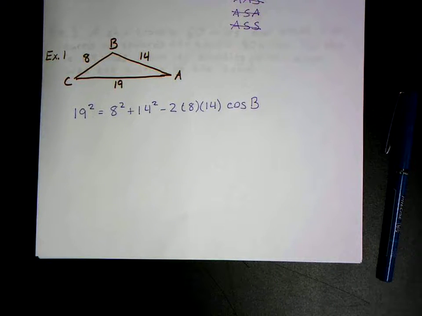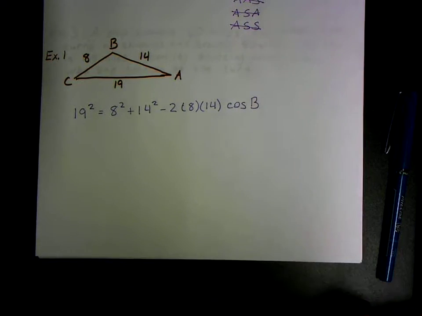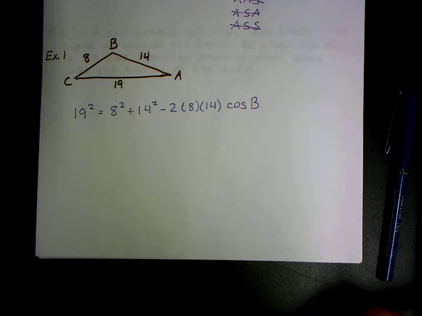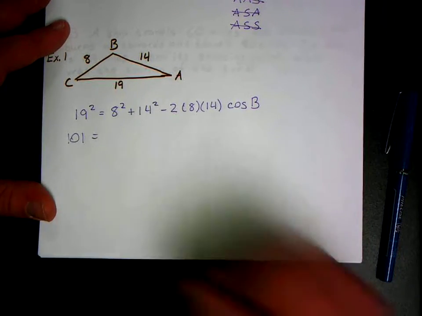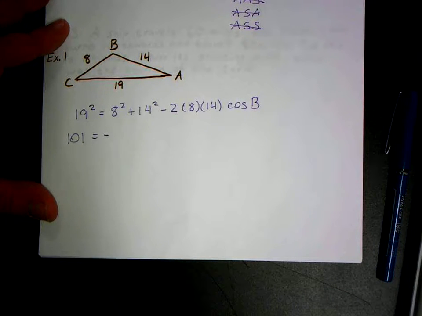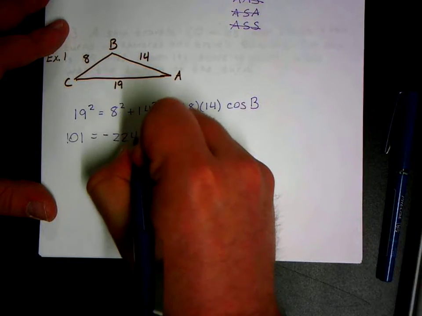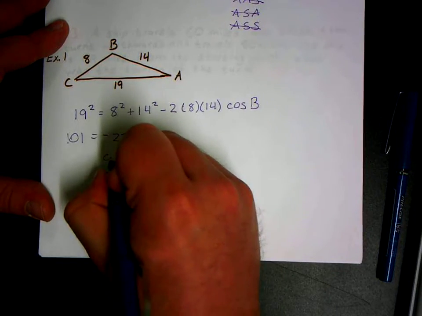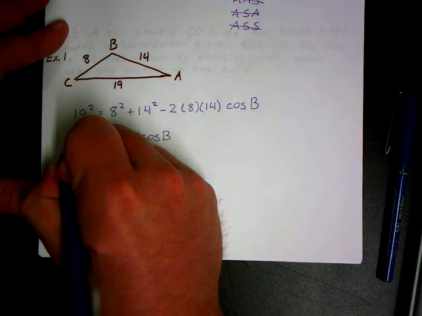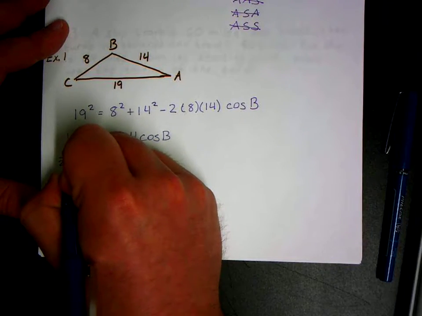Sorry, I always forget to get out my calculator. Okay, so 19 squared minus 8 squared minus 14 squared is going to be 101, equals negative 2 times 8 times 14, 224 cosine B. So cosine B equals negative 101 over 224.